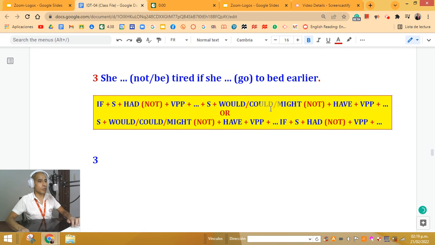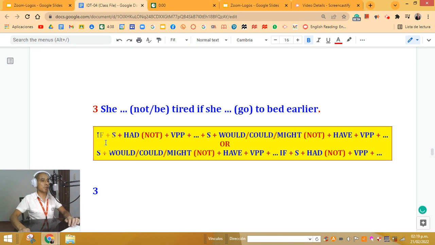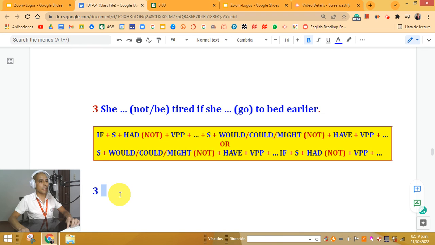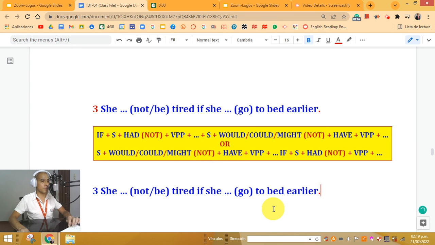Perfect. Now we continue with number three. Number three says, she not be tired if she go to bed earlier. Okay, so let's do it. In this case, if you pay attention to this exercise, we have to use the second formula. Why? Because I'm starting with the result clause.